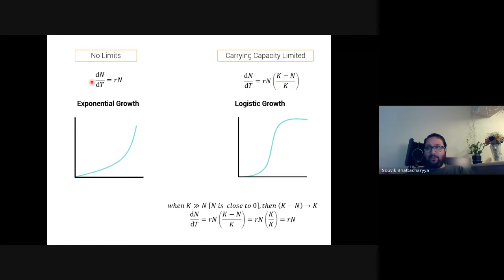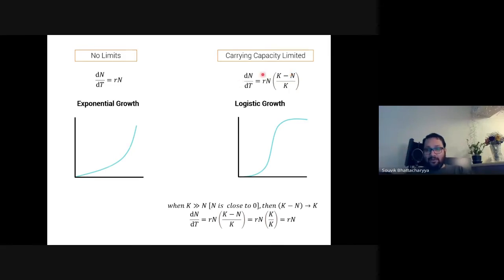That means when the population is just at the initial phase, there is no limit to its growth. It's going to grow. But as the growth increases, n will increase, so this value of 1 will decrease and go towards some value. Not 0. May become 0, but generally it doesn't become 0.